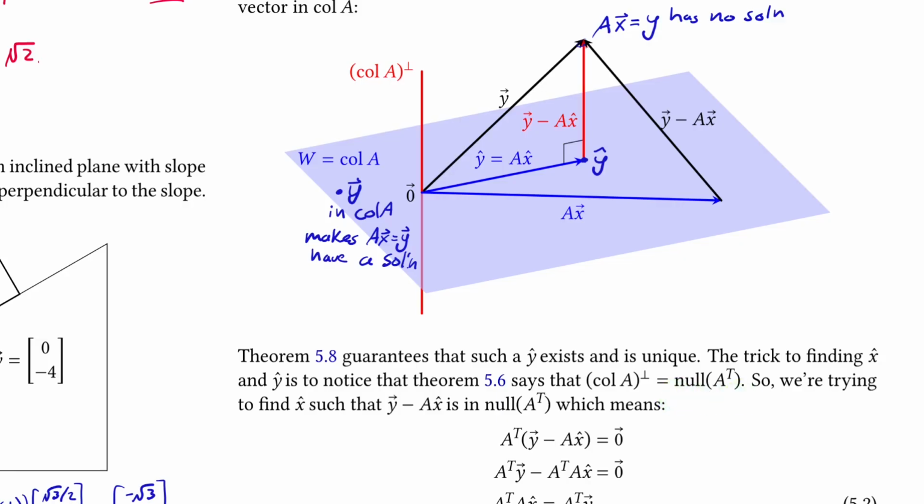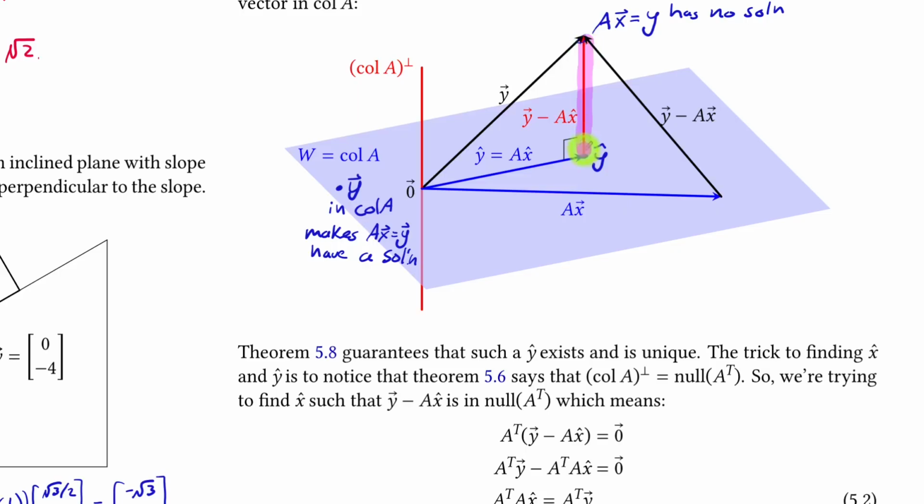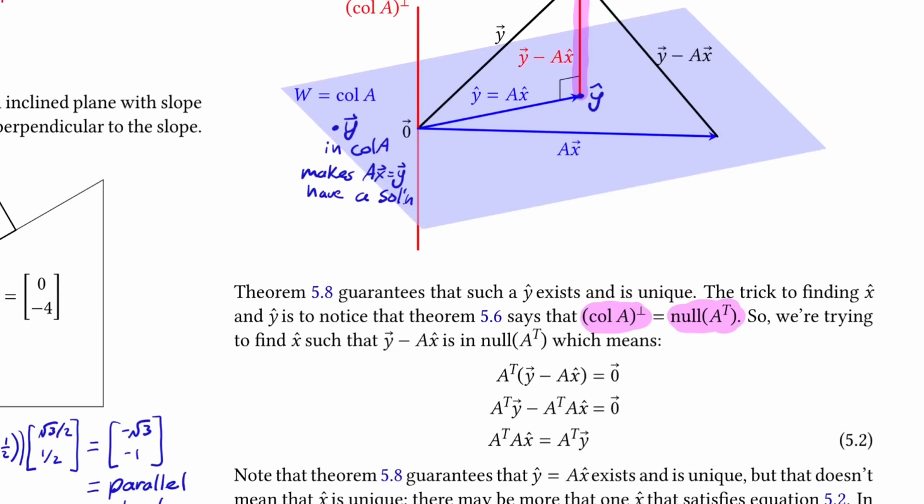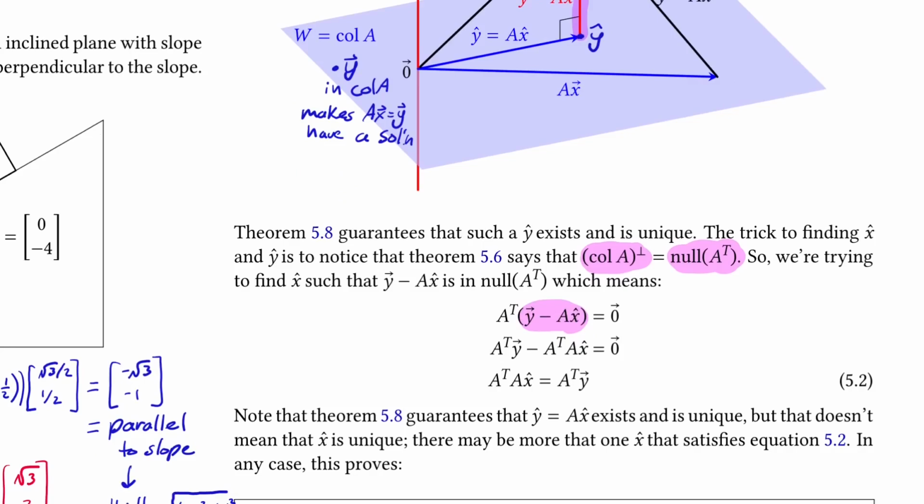In other words, if this vector here is orthogonal to the column space of A, it's in the null space of A transpose as well. So that means if you do A transpose times that, you're going to get 0, because that's what the null space of A transpose means. It means vectors you can do A transpose times and get 0.